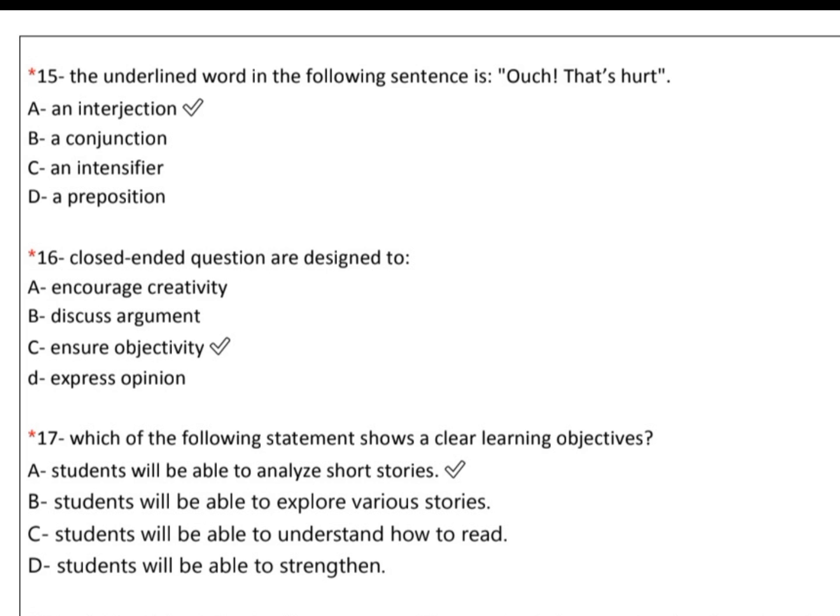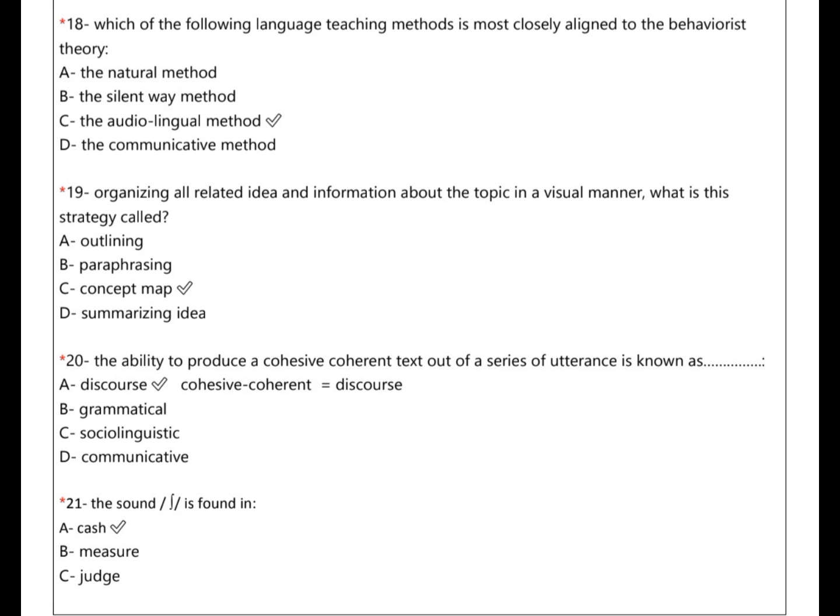A. Students will be able to analyze short stories. B. Students will be able to explore various stories. C. Students will be able to understand how to read. D. Students will be able to strengthen.